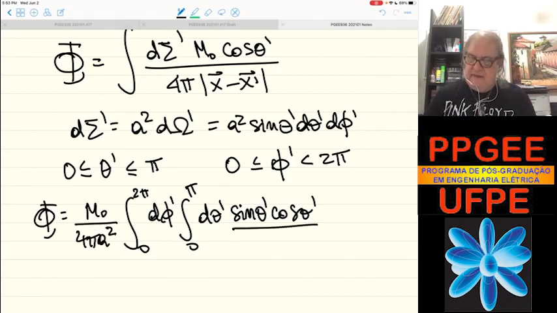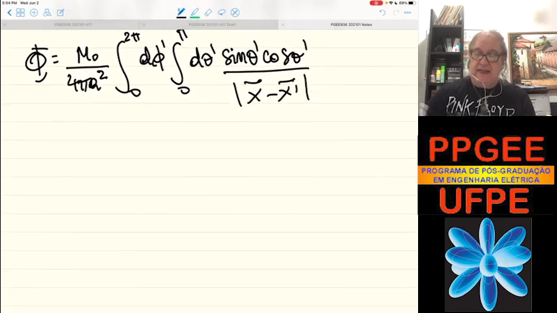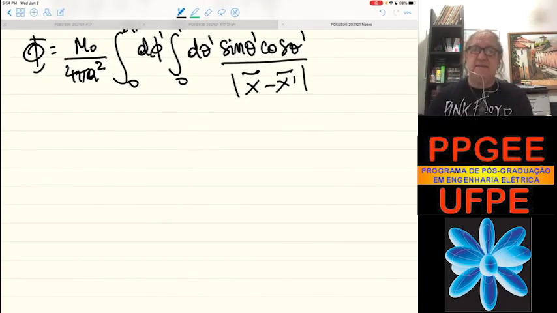Then we have the inverse distance function. What we're going to do? Well, let's solve on the z-axis. After you solve on the z-axis, just multiply each term in the expansion by P_l cosine theta. So we have the solution.